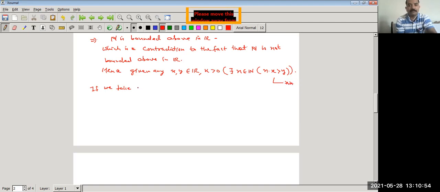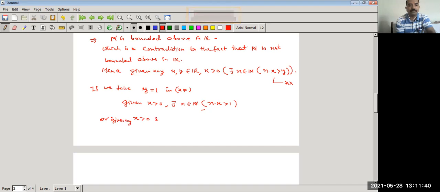If we take y is equal to 1 in double star, then we get: given x greater than 0, there exists n belongs to natural number such that n into x is greater than 1, or for all x greater than 0, or given any x greater than 0, there exists n belongs to natural number such that 1 upon n is less than x.